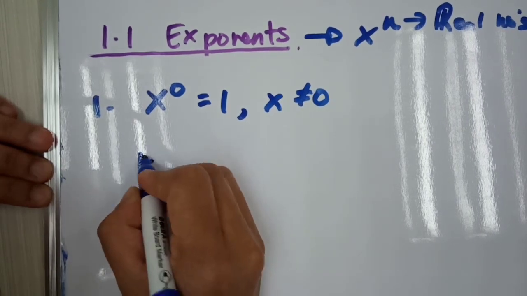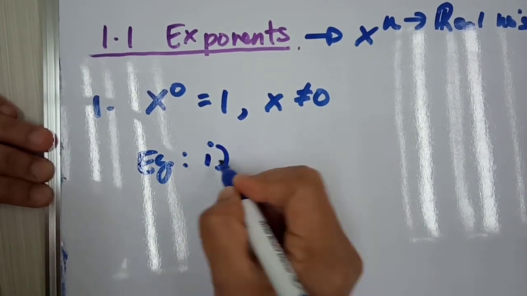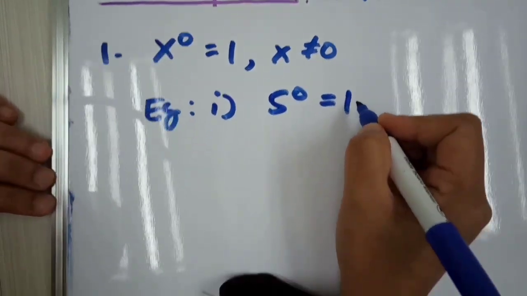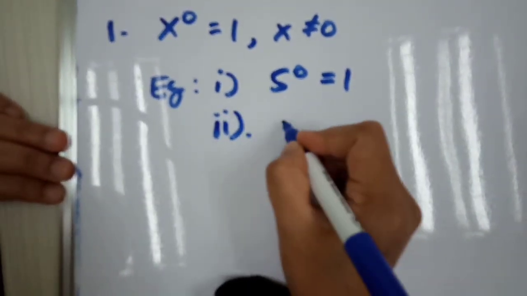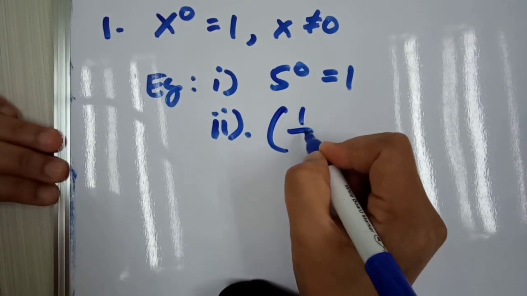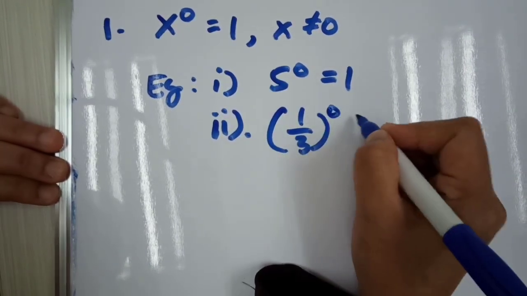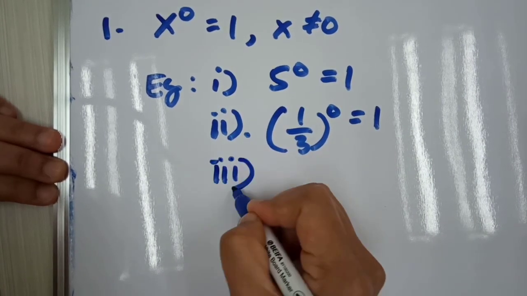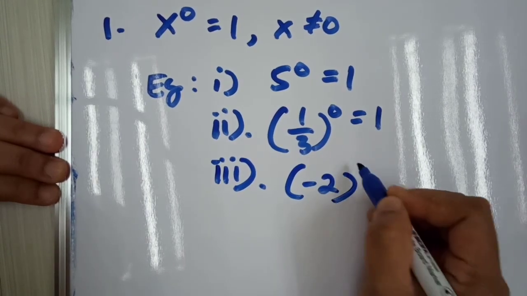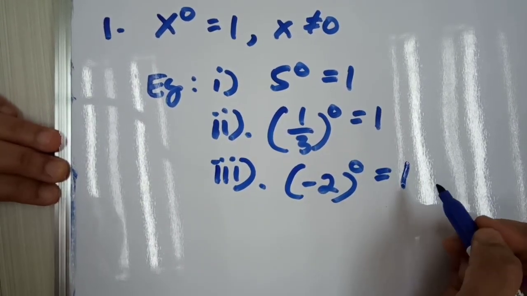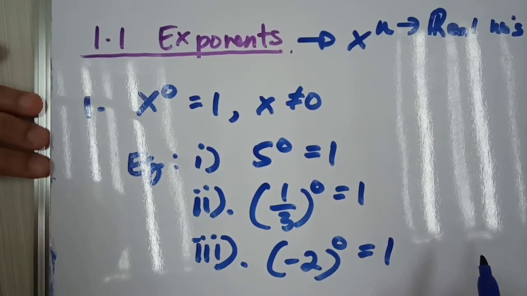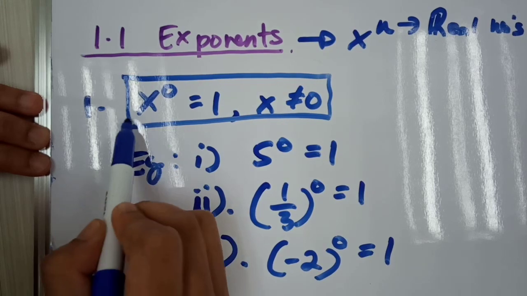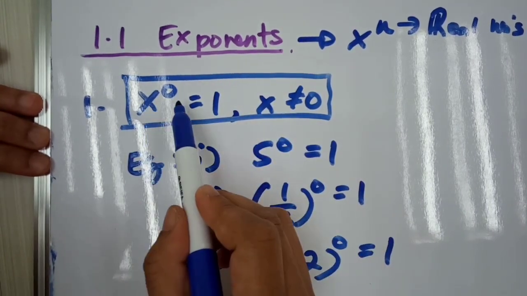For example, 5 power of 0, the answer is 1. 1 over 3 power of 0, the answer is also 1. Negative 2 power of 0, the answer is also 1. This is law number 1. When x power of 0, you will get 1, except x equal to 0.